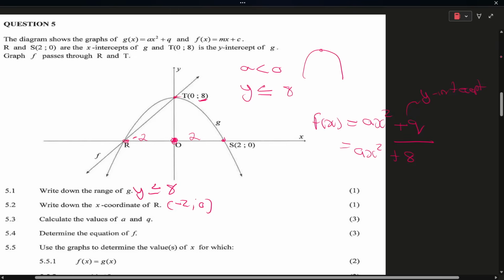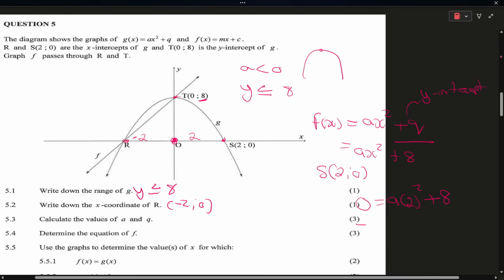And how am I going to solve for the value of a? You substitute any point. Let's choose to substitute point S. What is point S? It's 2, 0. So where there is y, I substitute 0, and where there is x, I substitute 2. It's going to be 0 equals a times 2 squared plus 8. I take this 8 to the other side.